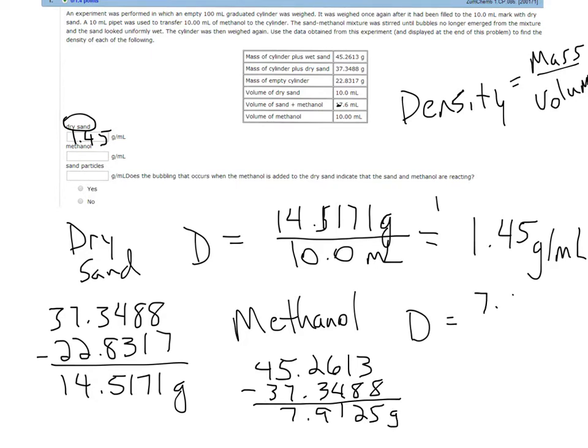Okay, so we've got the mass of the methanol. The volume of the methanol, thankfully they just give it to us in the table, 10.00, and they gave us this number to 4 significant figures.